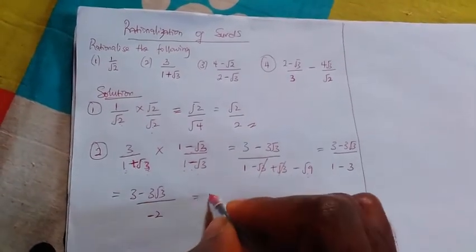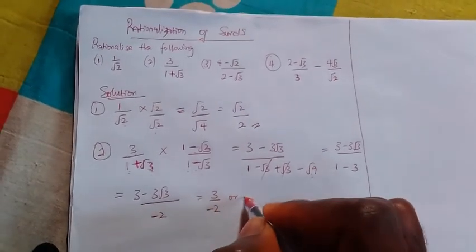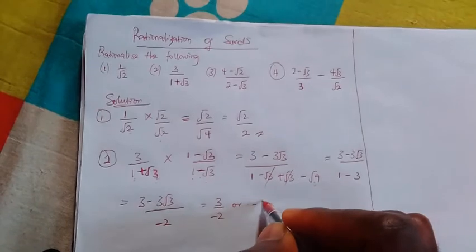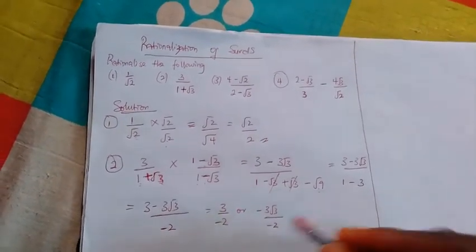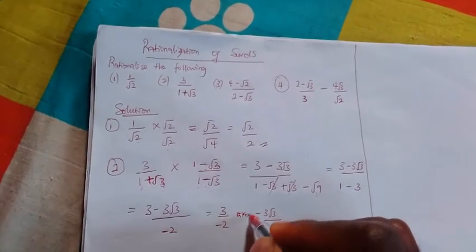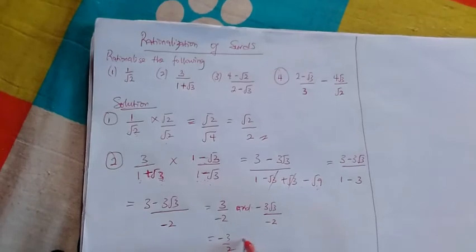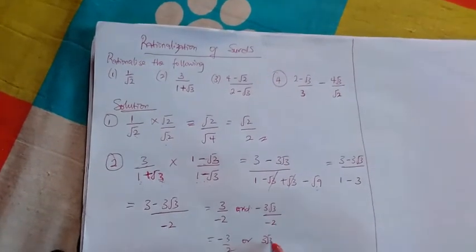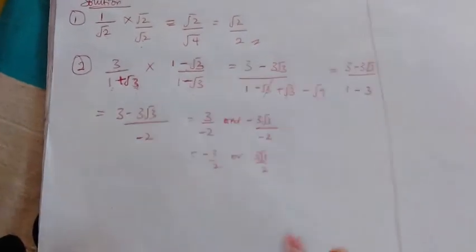So my answer can be like this, or we can say it's the same thing as 3 over minus 2 minus 3 root 3 over minus 2. This now gives us minus 3 over 2 or 3 root 3 over 2, because the minus signs cancel themselves out.